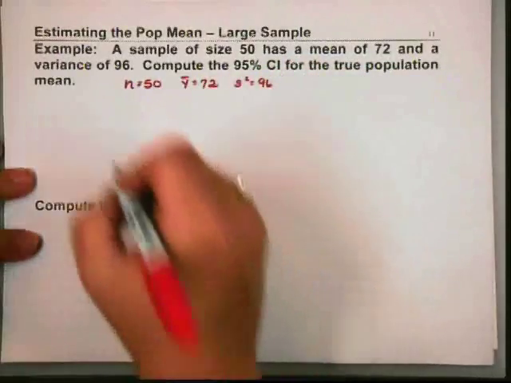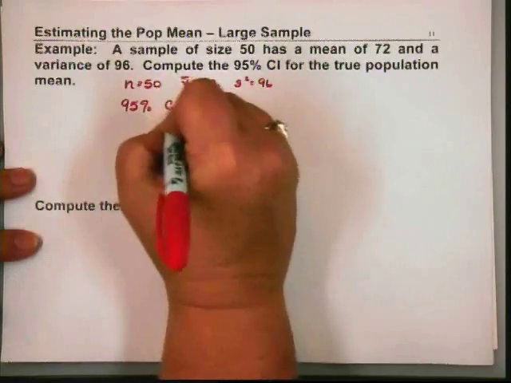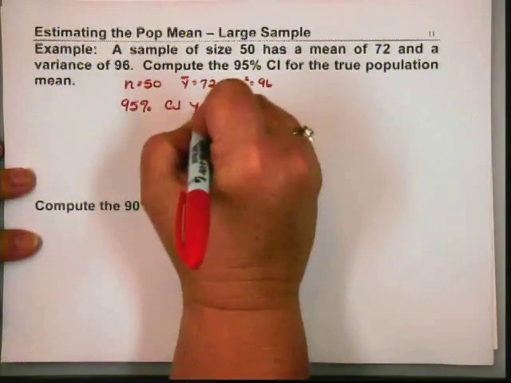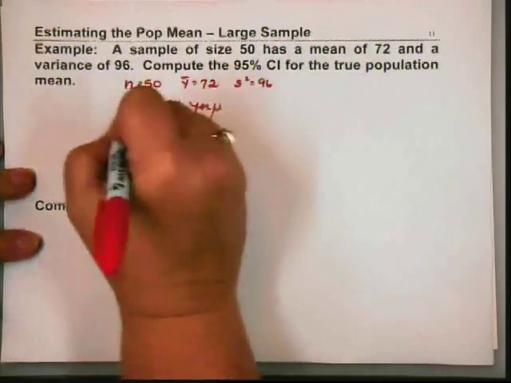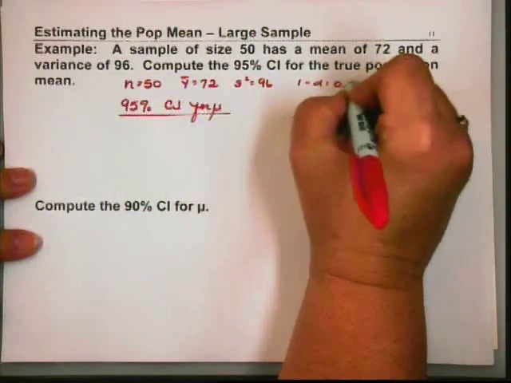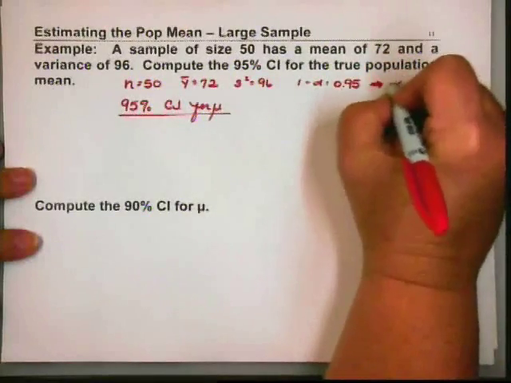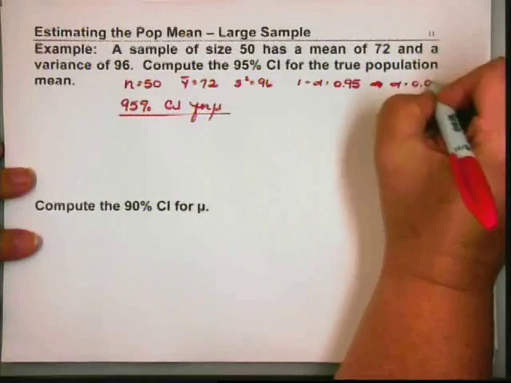I want a 95% confidence interval for mu. So 1 minus alpha is equal to this 95% confidence, or 0.95. So that means alpha is what? 0.05.